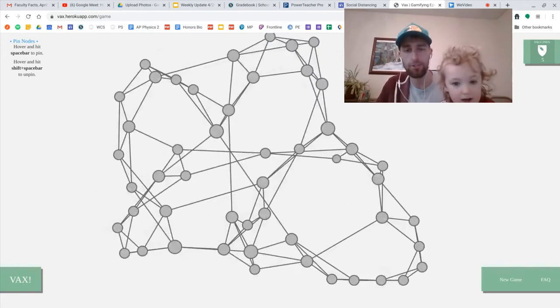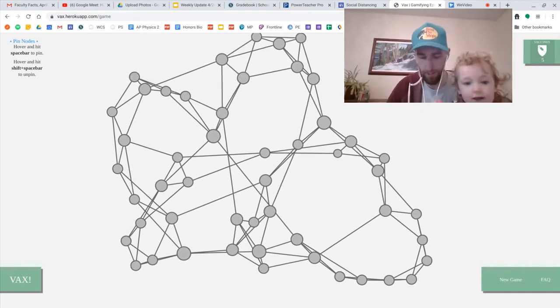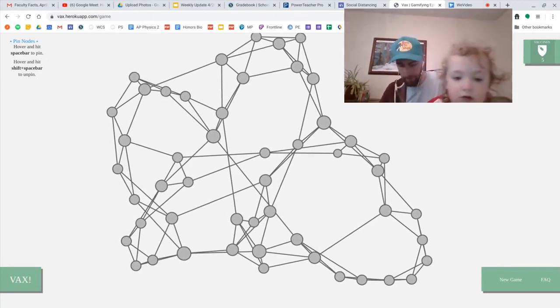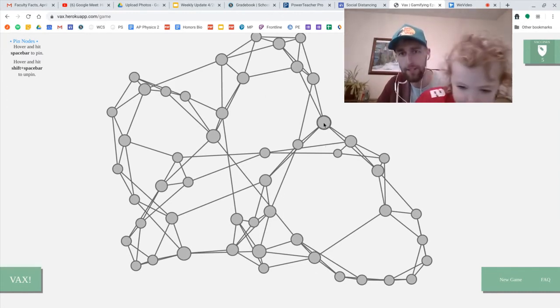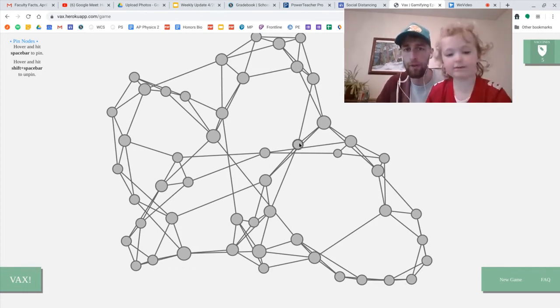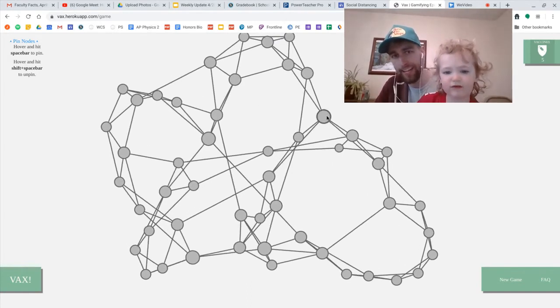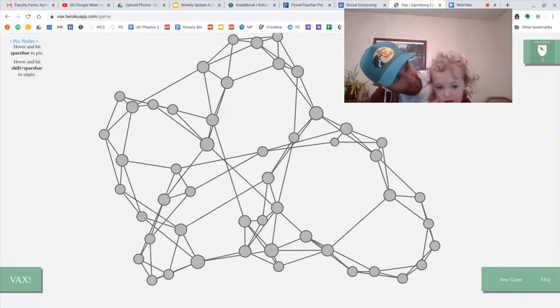So you see this crazy looking spider web kind of thing. What is this all about? Yeah, it kind of looks like a spider web, doesn't it? But there's no spider. So each one of these dots represents one person. And the lines between them represent in-person social connections. That's kind of confusing, huh?